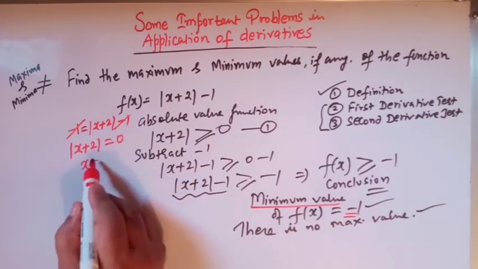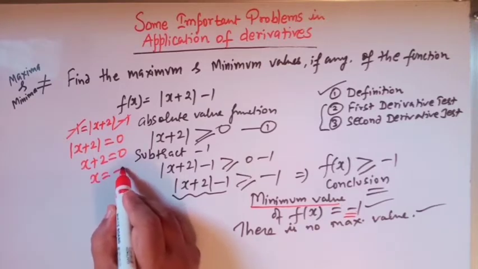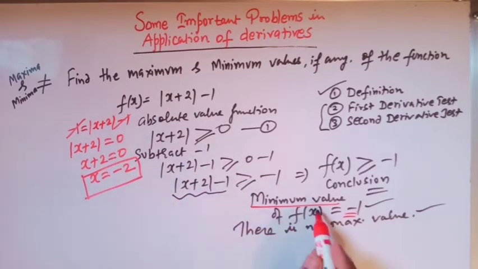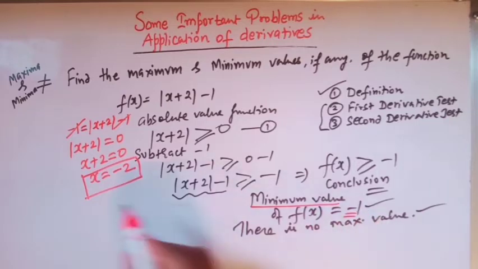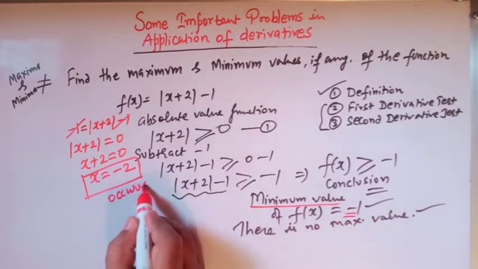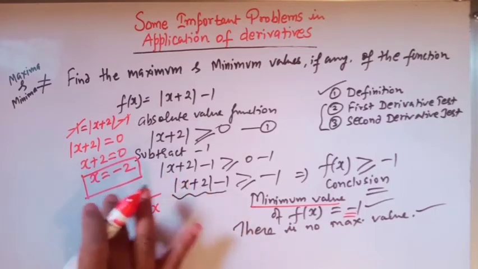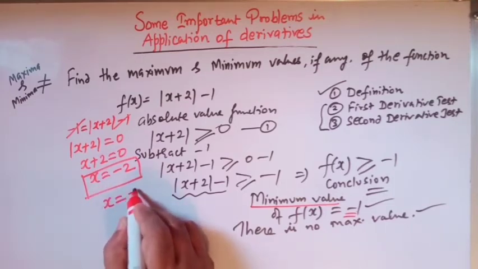So x plus 2 is equal to 0, so x is minus 2, right? So the minimum value of this function is minus 1, and always remember, this value occurs at x equal to minus 2, right?